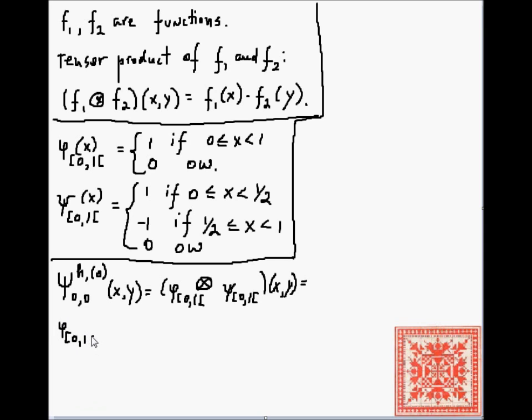And that equals phi on 0, 1 of x times psi on 0, 1 of y.